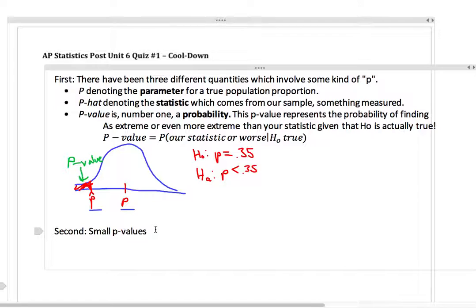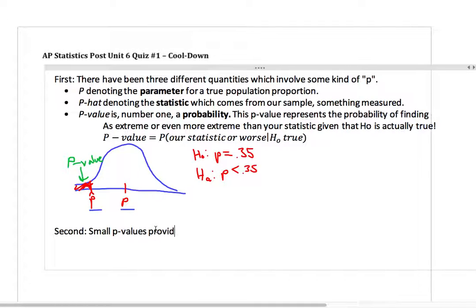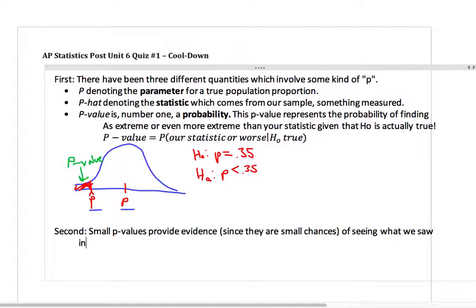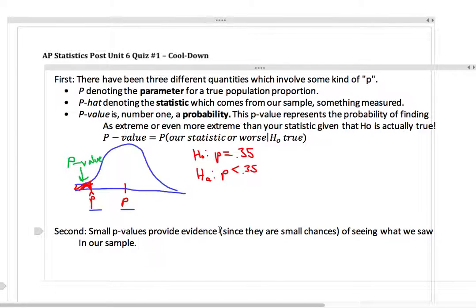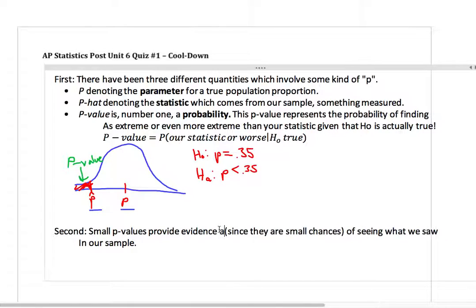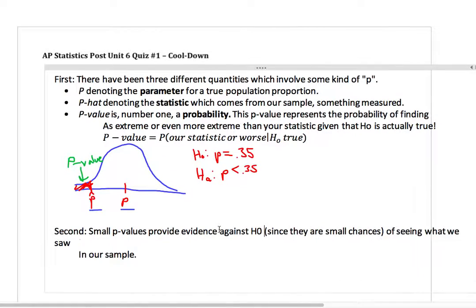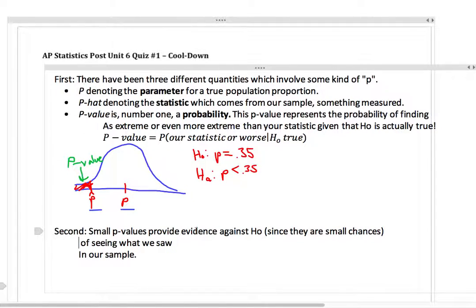So small p-values provide evidence, since they are small chances or small probabilities of seeing what we saw in our sample. So they provide evidence against H sub o, or the null hypothesis. Let's clean this up a little bit.